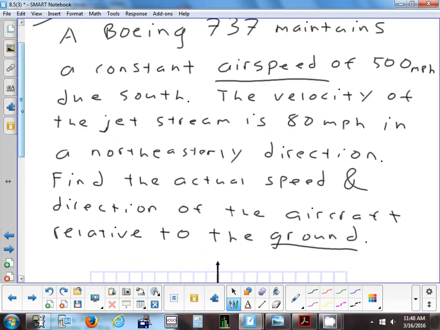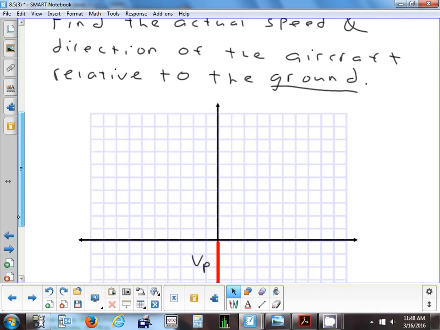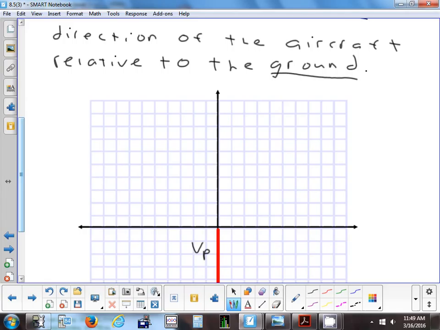Now I want to draw a vector for the jet stream. What direction is the jet stream blowing? It's blowing exactly northeast. So if this is east, this is north, it's exactly halfway between north and east. So what would the angle be? Yeah, it would be a 45-degree angle.